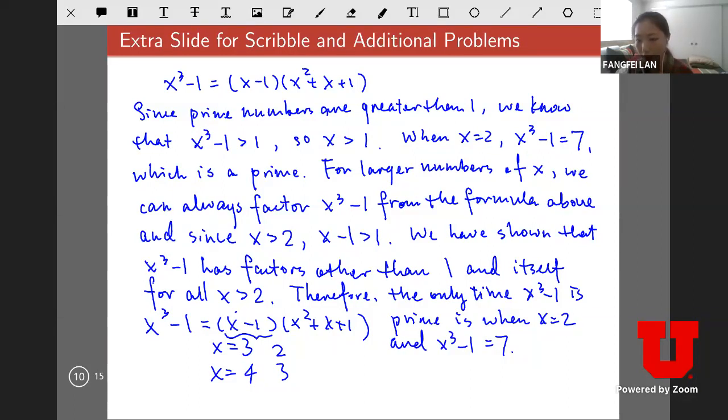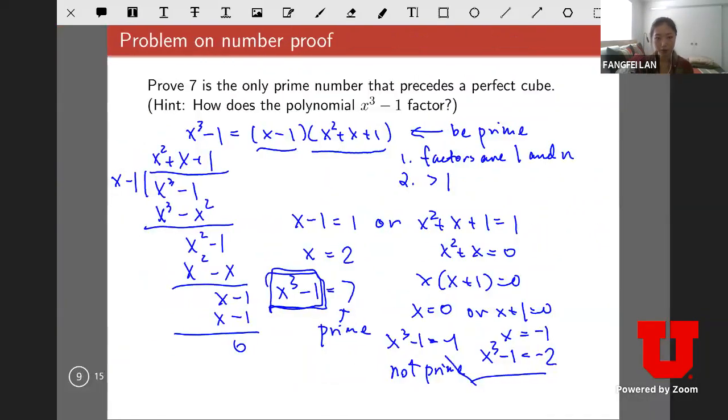Can we explain how you know to use n cubed minus 1 to prove this, or how you would deduce to use this in this proof? Yes, because, go back to the problem prompt: 7 is the only prime number that precedes a perfect square, right? So this is the key: precedes a perfect square.